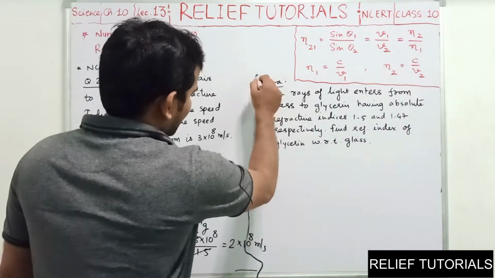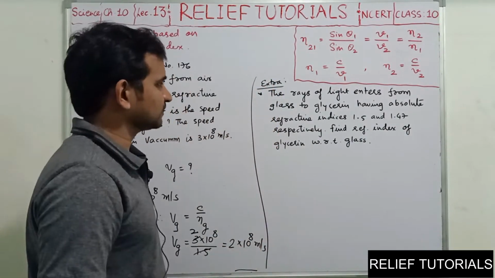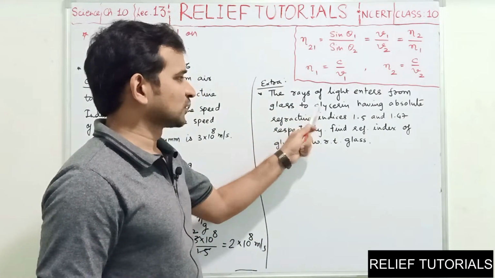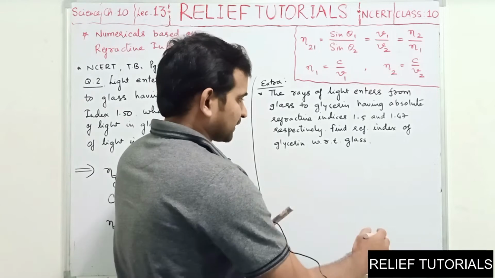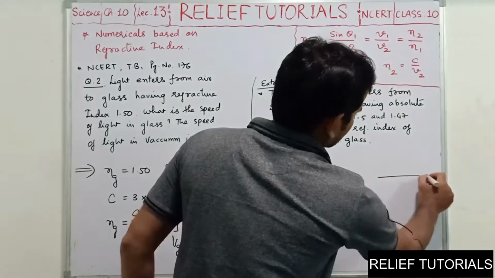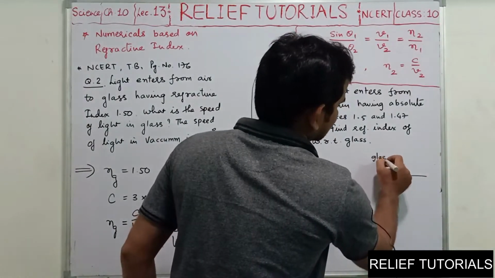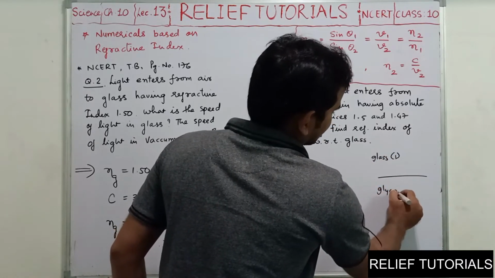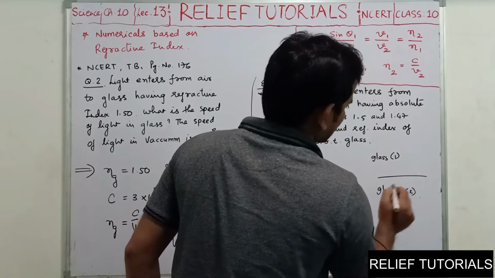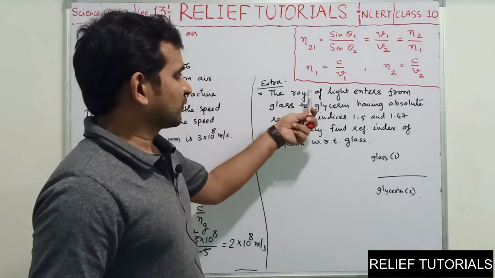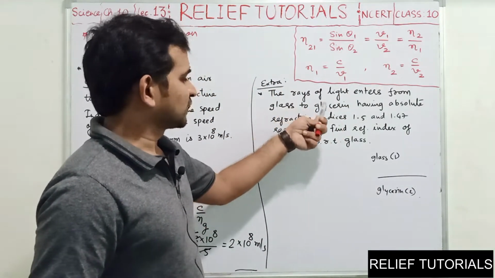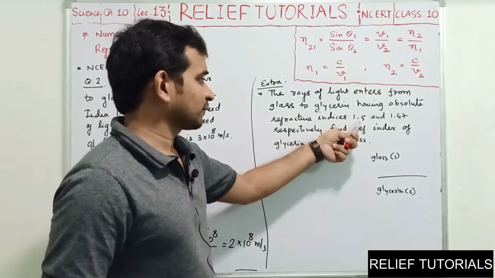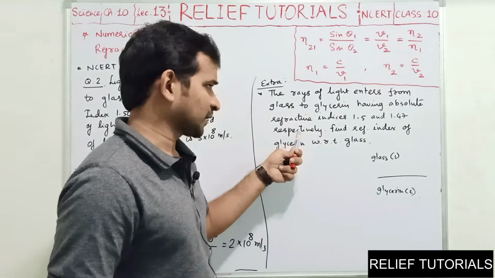Another example. The rays of light enter from glass to glycerine. So the first medium is glass, let's say medium number 1, and glycerine is medium number 2. The rays of light enter from glass to glycerine having absolute refractive indices 1.5 and 1.47 respectively.